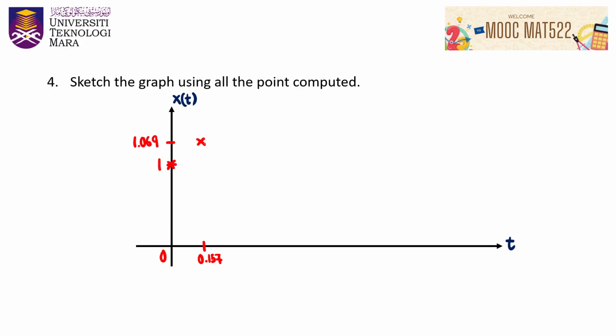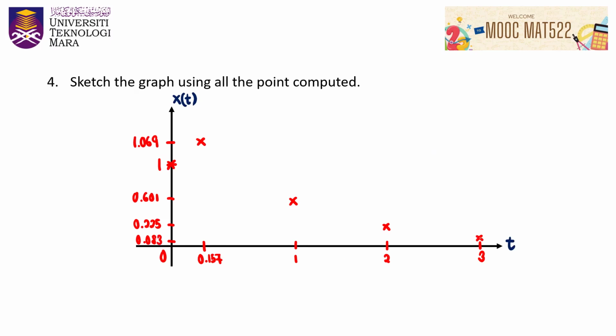Indeed, it is the maximum point that we tested in the second derivative. Then when t equals 1, the associated value is 0.601, somewhere here. And for t equals 2, we have an even smaller value 0.225, say here. And finally, when t equals 3, the value is actually close to 0.